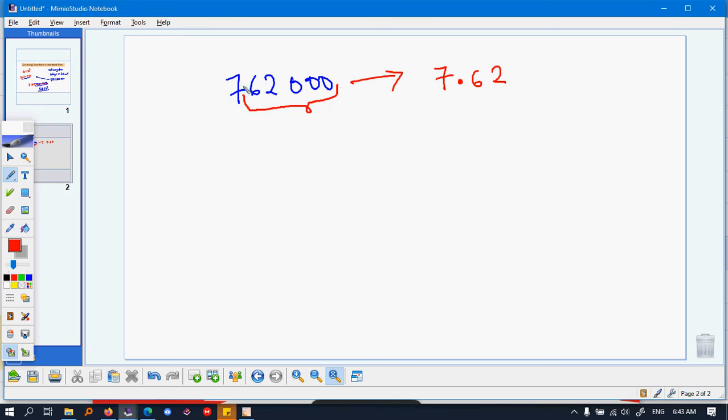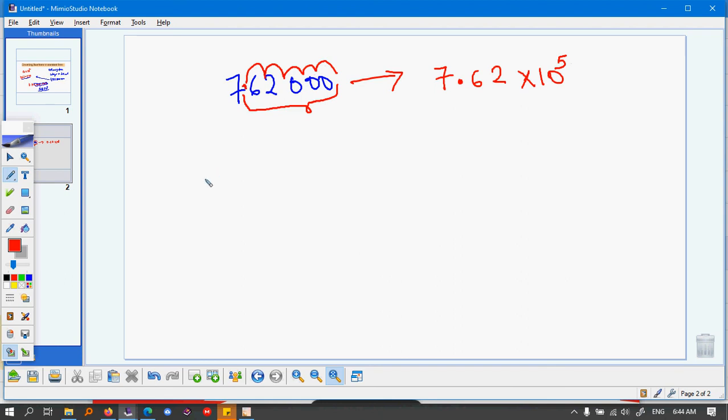Basically, if I put my point here, how many tens do I multiply with to get back this number? So that's basically 1, 2, 3, 4, 5. Remembering that multiplying by 10 is basically moving the decimal point to your right. So this was 7.62 times 10 to the power 5.